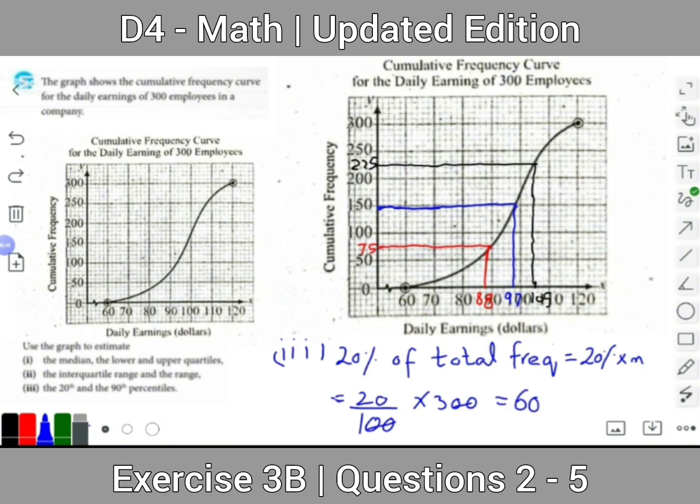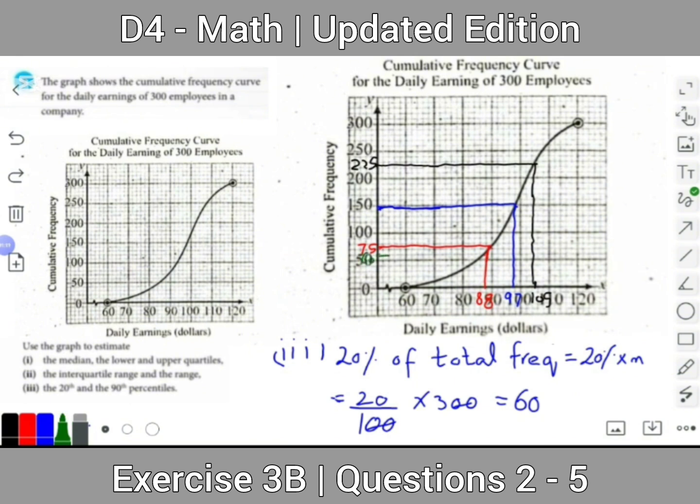Now from the curve, we will look for the data value corresponding to the cumulative frequency of 60. Since we know that each square unit along the y-axis is equal to 10, we have 50, and after 50 we have 60 here.